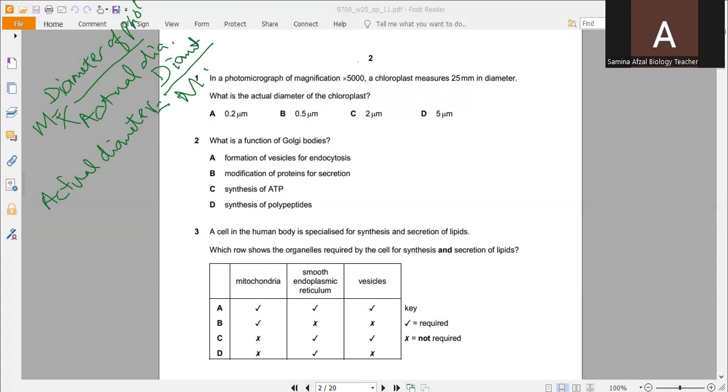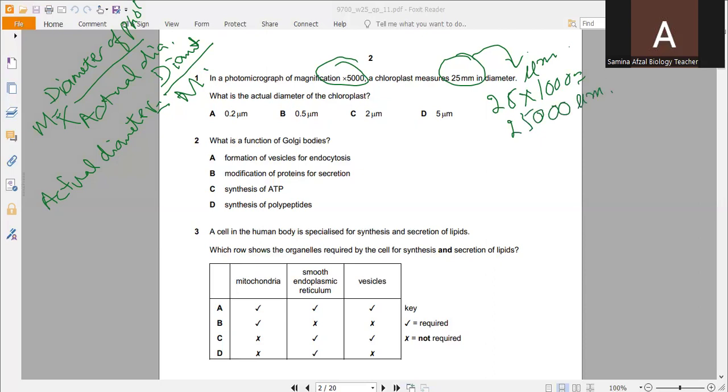So they have given us magnification and diameter of the chloroplast, which is equal to 25 millimeter. So we have to change this millimeter value into micrometer. For this purpose, 25 will be multiplied with 1000 to get the micrometer. So it will be equal to 25,000 micrometer.